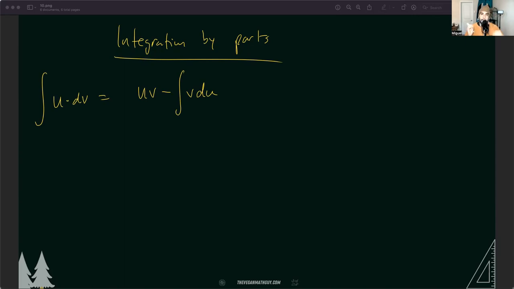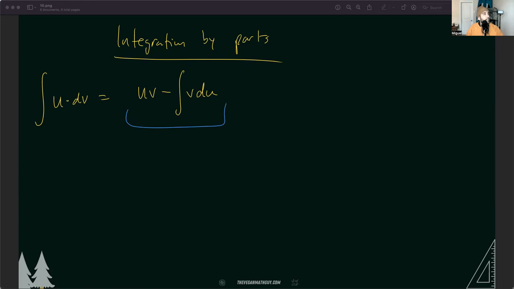If you have that perfect situation, we can rewrite our integral as this. It might look a little more complex, but you're going to see that it's going to be a lot easier for us to integrate. This becomes uv, or u times v, minus integral of v du.